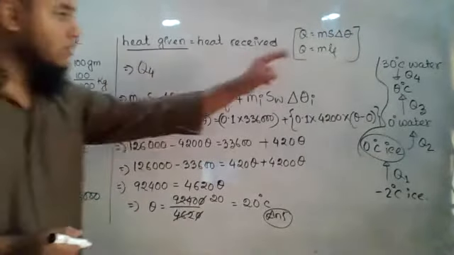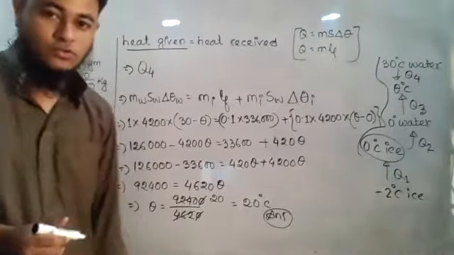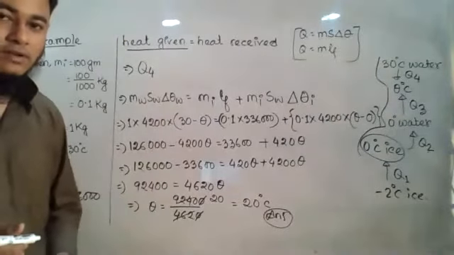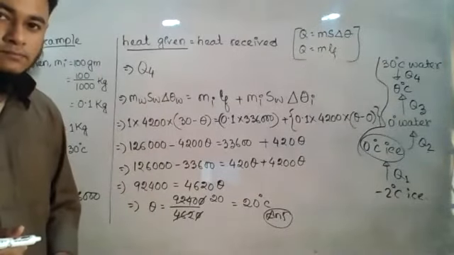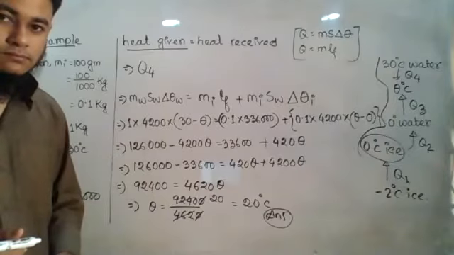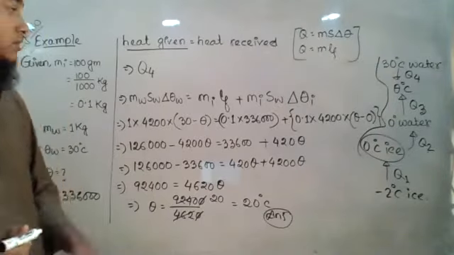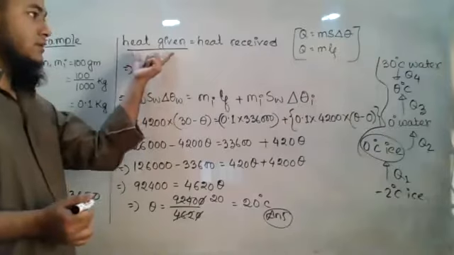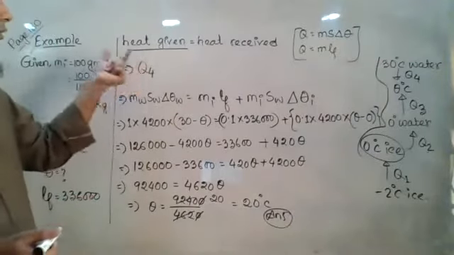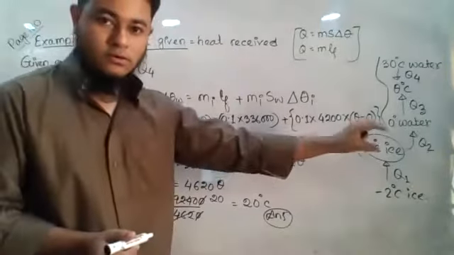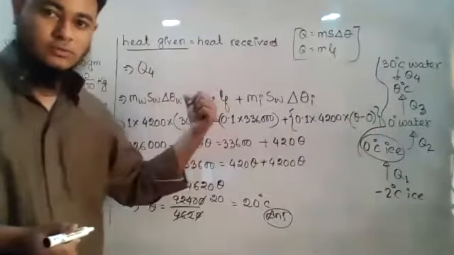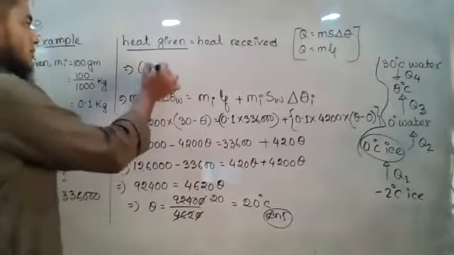Only Q4, or will some other Q2, Q3 be there in heat given? I'm talking about heat given. In heat given, will only Q4 be there, or will Q1, Q2, Q3 also be there? Okay, so only Q4 will be there.